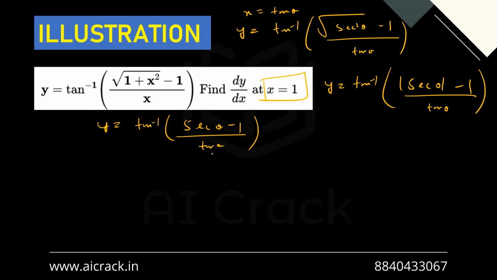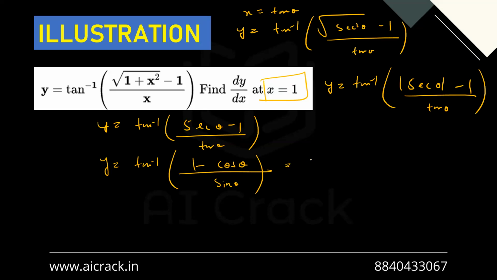Now we can convert this into sine and cos. That would become tan inverse of 1 upon cos theta minus 1, that becomes 1 minus cos theta, divided by cos theta multiplied by sine theta by cos theta. That becomes sine theta, right?